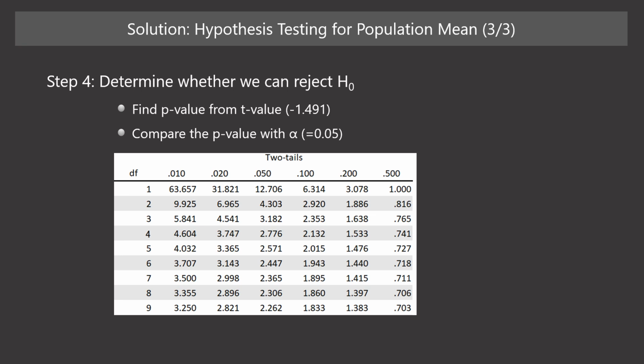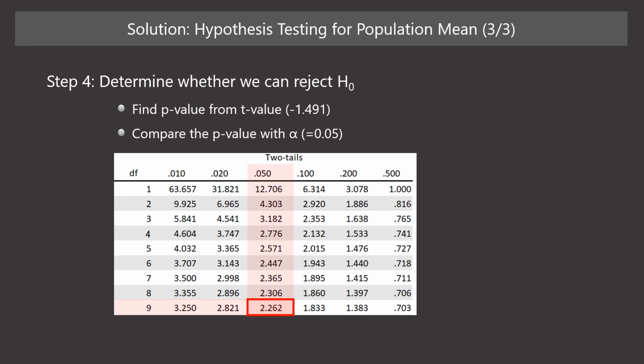As the final step, let's determine whether we can reject a null hypothesis or not. As we use a t-value as a test statistic, we use the t-distribution table here. Since we implement a two-tailed test, we use the t-value for a two-tailed test. The significance level is 0.05.